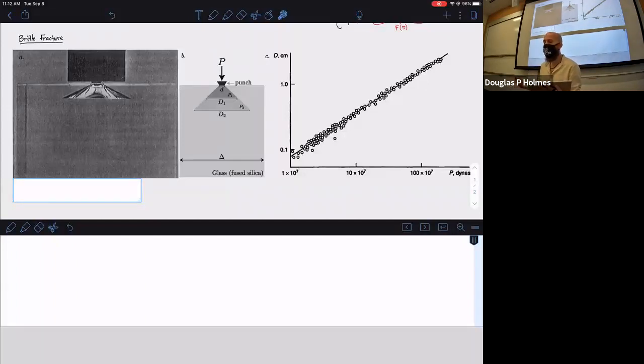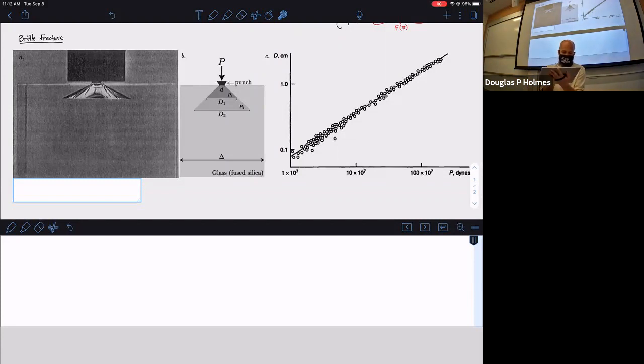And so what's needed is a way to account for this creation of surface area within the material. And so one of the parameters, a material property that people will talk about, is the energy release rate.